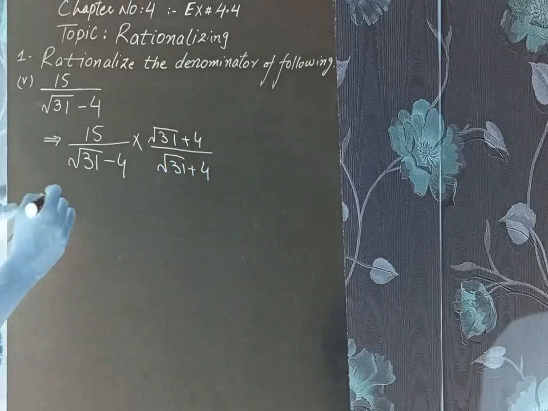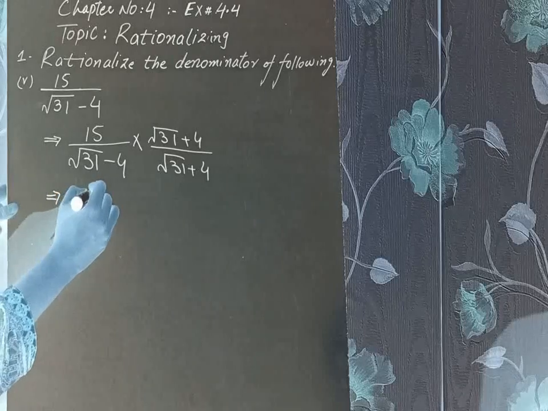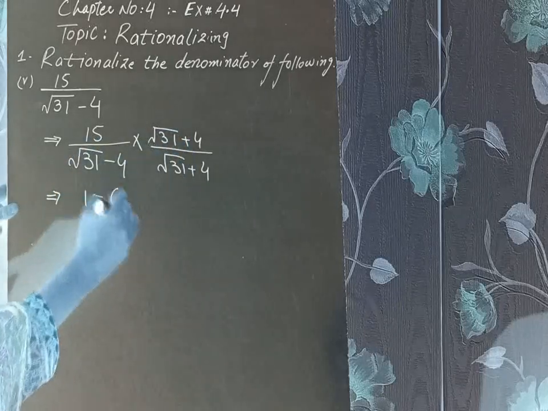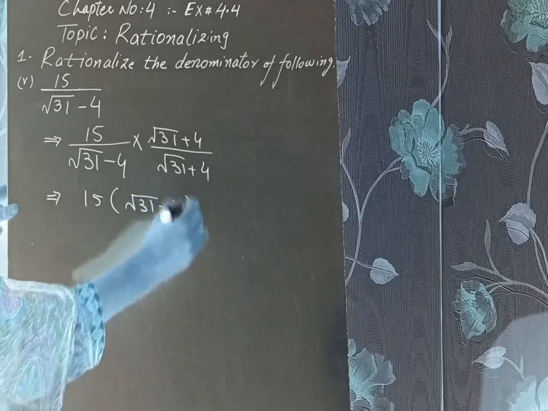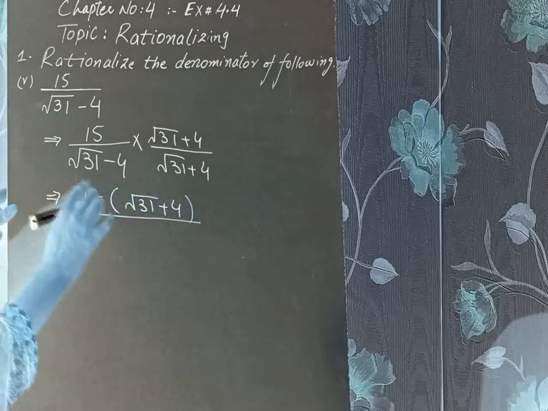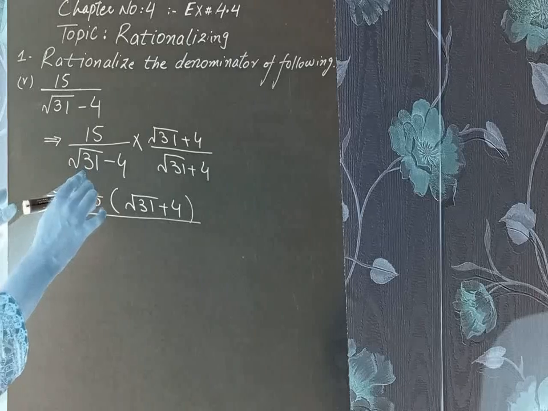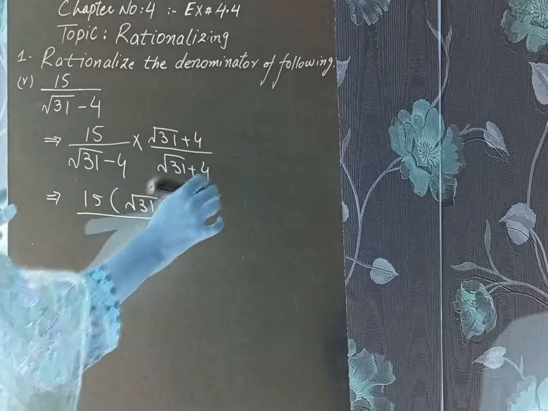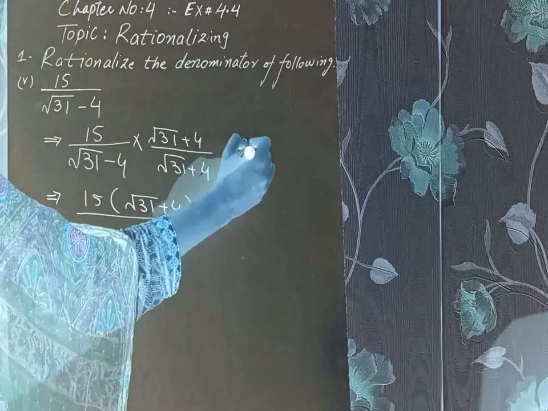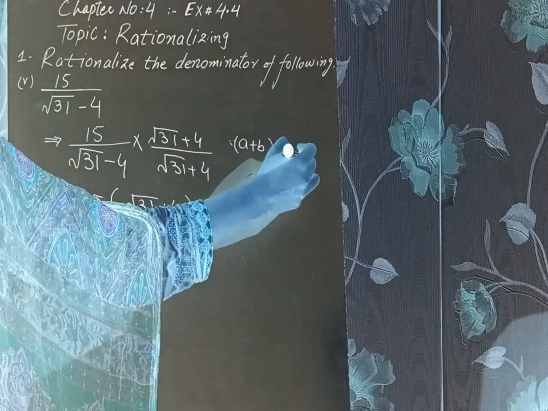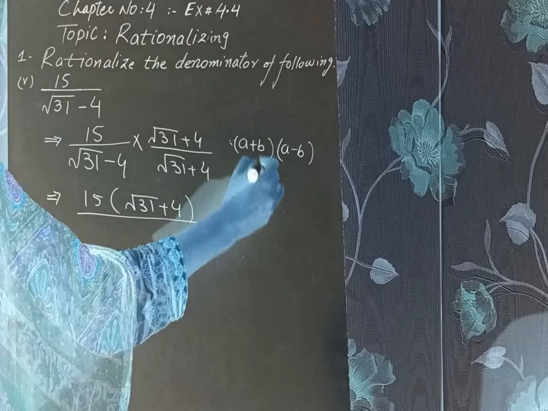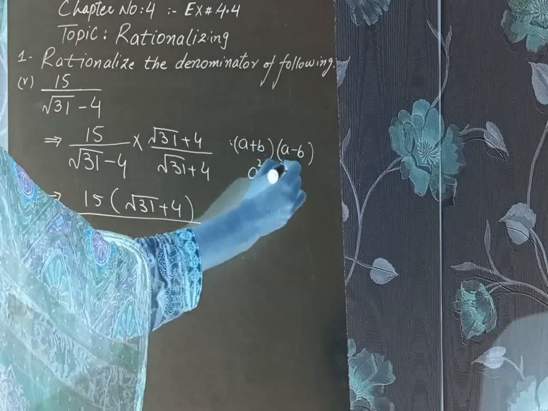Now we'll simplify this. 15 multiplied by under root 31 plus 4, divided by under root 31 minus 4 times under root 31 plus 4. This is the same formula of a plus b, a minus b, that we can write as a squared minus b squared.